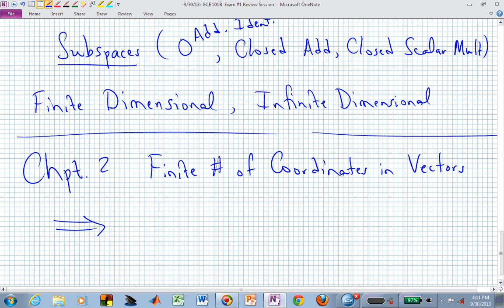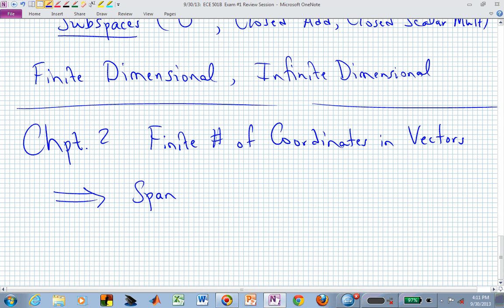Once we've now restricted our attention to something being finite dimensional, we can talk about the span of a vector or a set of vectors. We can also hopefully show or prove that a set of vectors is or is not linearly independent. If you have a set of linearly independent vectors that span a particular space, then that particular set of vectors could be used as a basis.